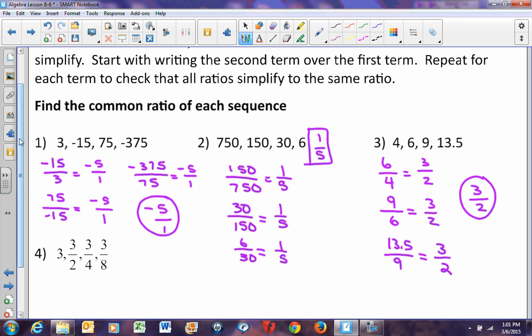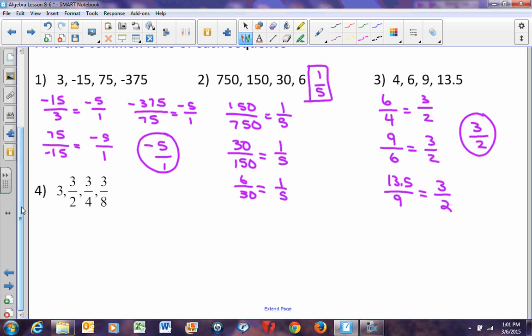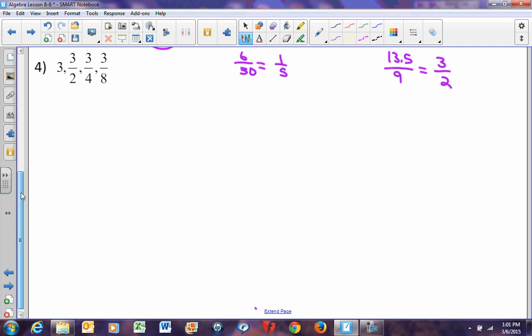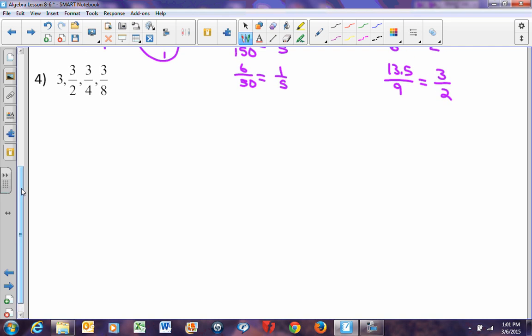My last one. I have fractions. So it might be a little harder for you to remember how to divide fractions. So we'll refresh your memory here. This would be 3/2 divided by 3, which is the same thing as saying 3/2 times 1/3, which is 1/2. Remember, to divide is the same as multiplying by the reciprocal.